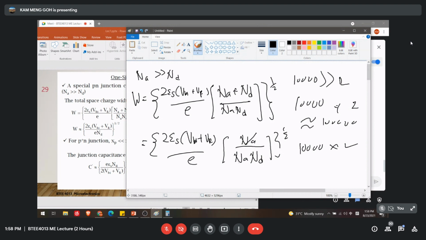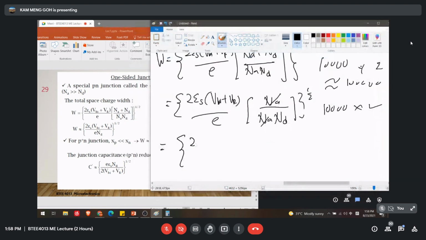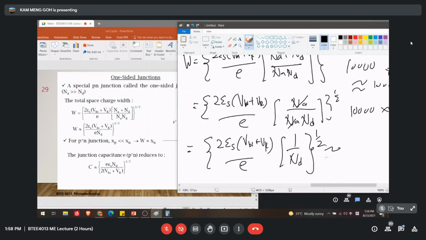Then you can remove these terms, and eventually you will get W equals the square root of 2 epsilon_s (VBI plus VR) over q Nd. So this is the one-sided junction, where your W is almost equal to the Xn already in this case.